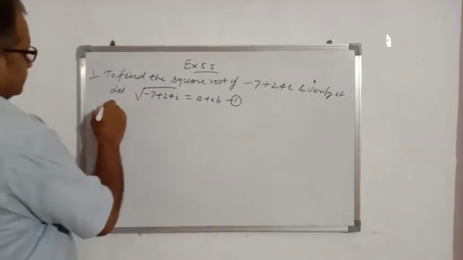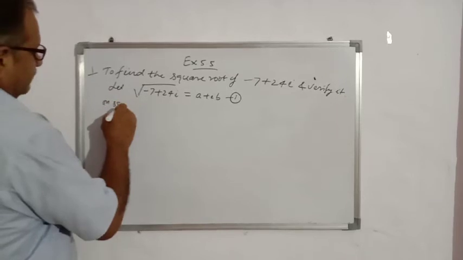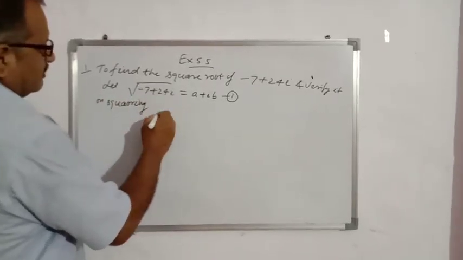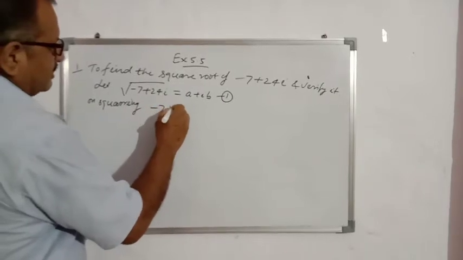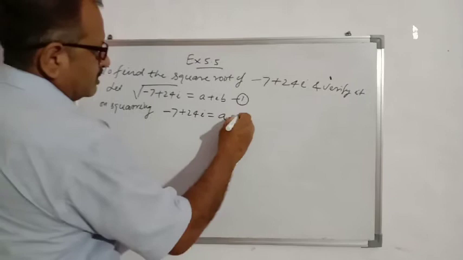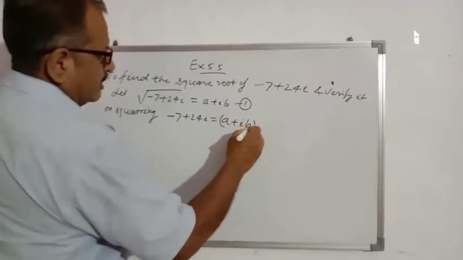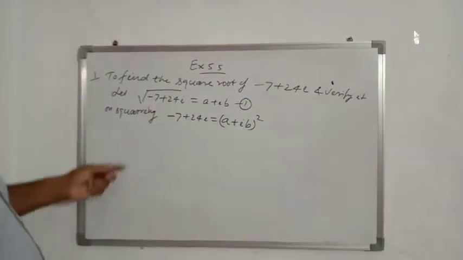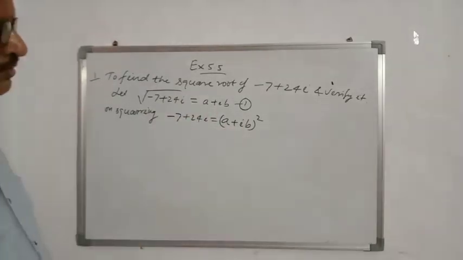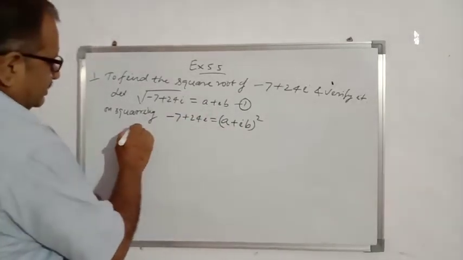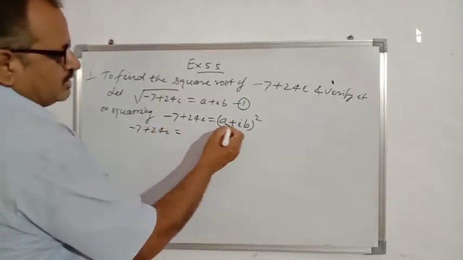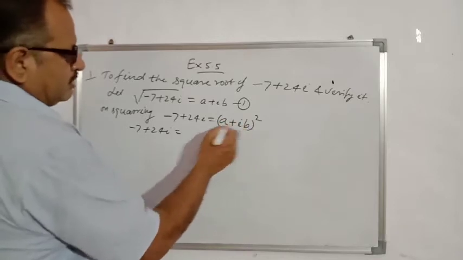Squaring on both sides. On squaring, what will we get? Minus 7 plus 24i is equal to a plus ib whole square. Use the a plus b whole square identity.